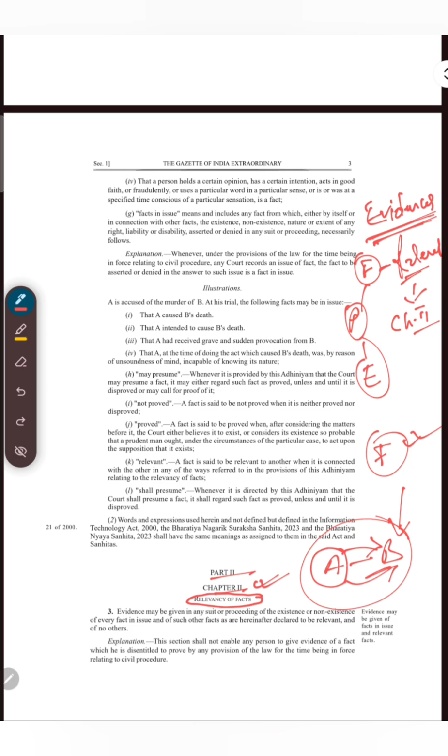For an example, suppose B is alleged to commit murder by stabbing with a knife. In that case, if a knife is discovered in the crime scene with the fingerprints of B, it is a relevant fact.